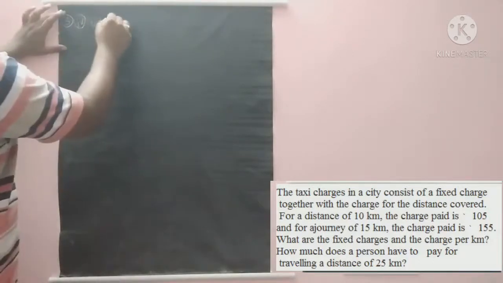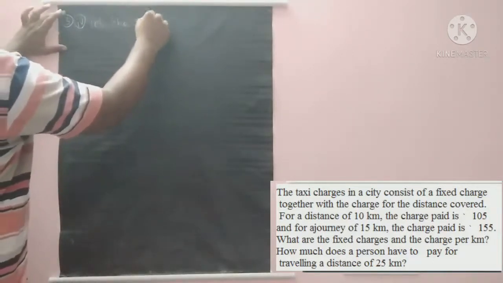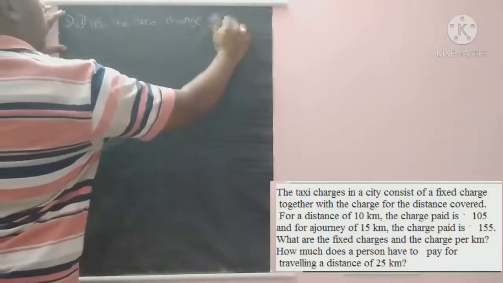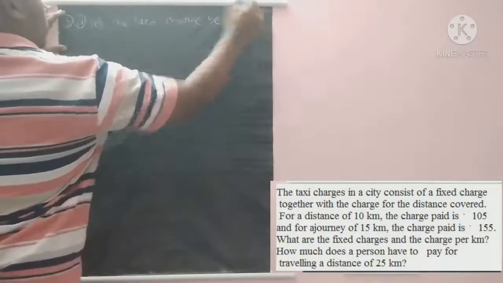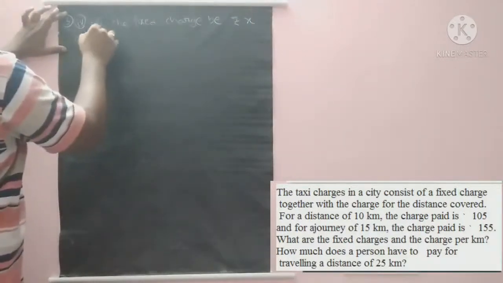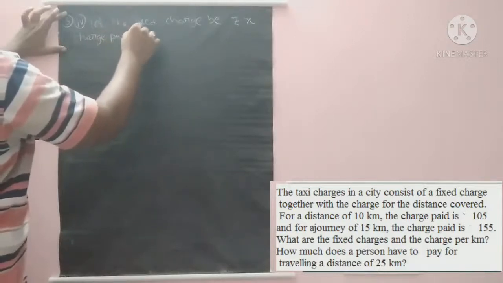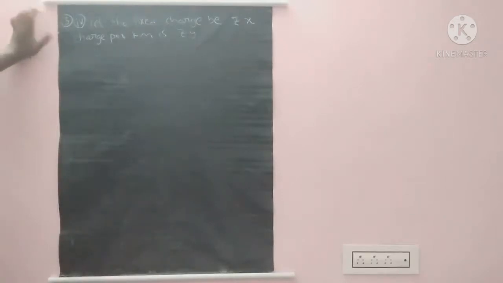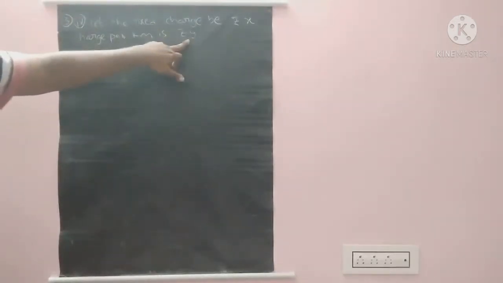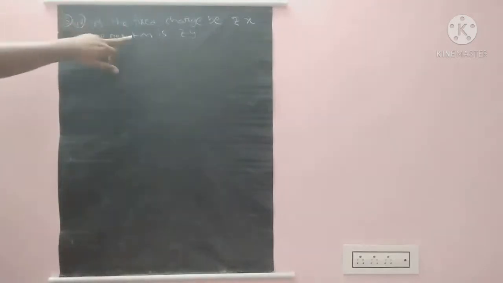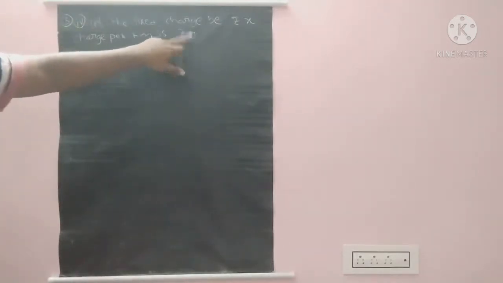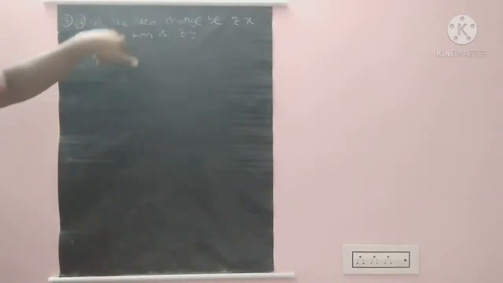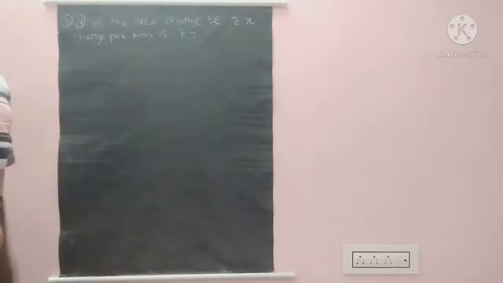So let the fixed charge be x, and the charge per kilometer is y. So per 1 kilometer we are collecting y rupees. Suppose if I travel 3 kilometers, 3 into y. This is the charge for total 3 kilometers. Along with that, some x rupees I need to pay.